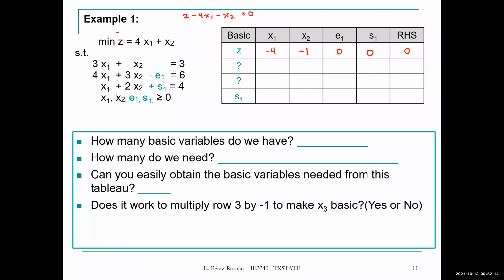And the coefficients of the constraints are the following: 3, 1, 0, 0, 3, 4, 3, minus 1, 0, 6, and 1, 2, 0, 1, 4.